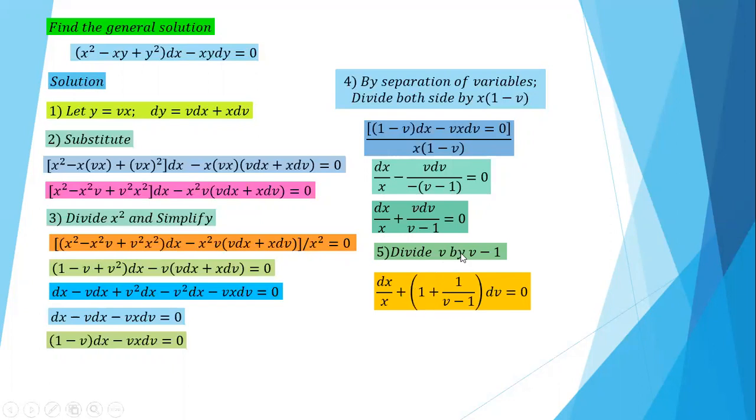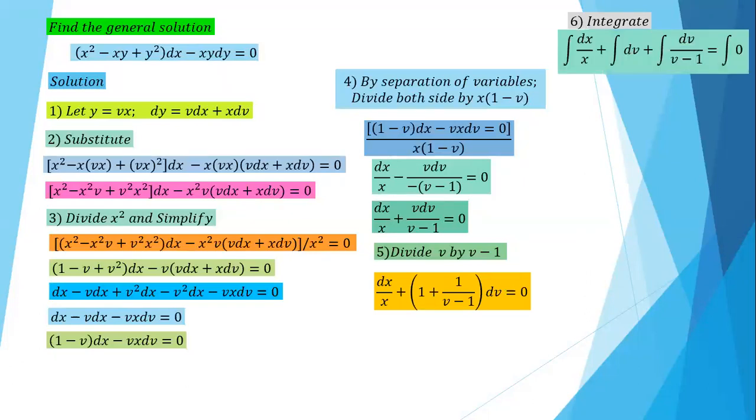This 1 plus 1 over v minus 1 is the result of v divided by v minus 1. Then we integrate: the integral of dx over x plus the integral of dv plus the integral of dv over v minus 1 equals the integral of 0.